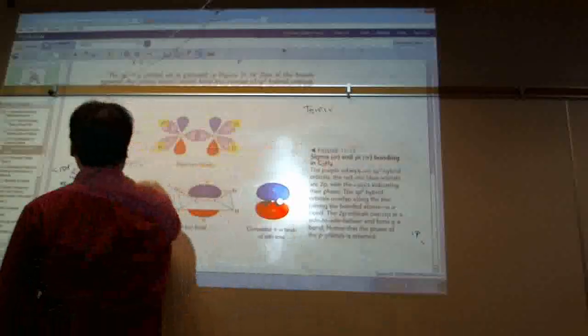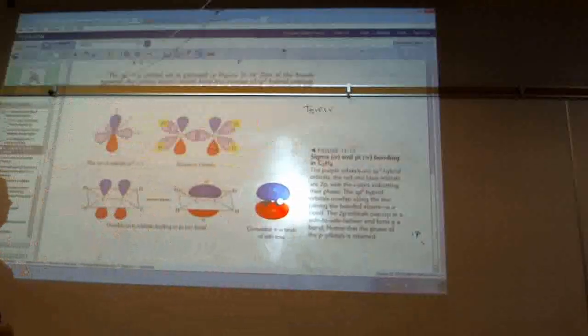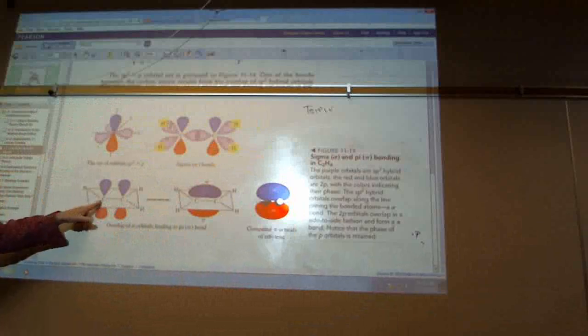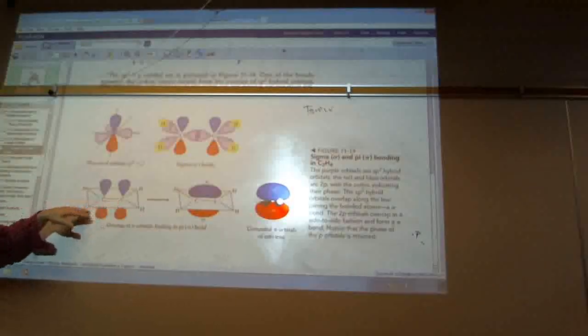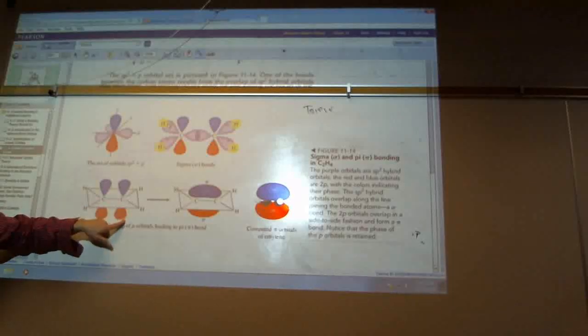Do you know the name of this molecule? Ethene. Ethene has a carbon-carbon double bond. Do you see what they're doing here? They're showing the sp2 orbitals in the plane, a trigonal planar arrangement, and then the p's are perpendicular to the plane.